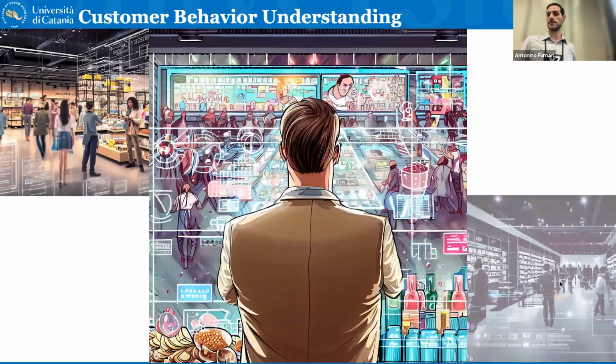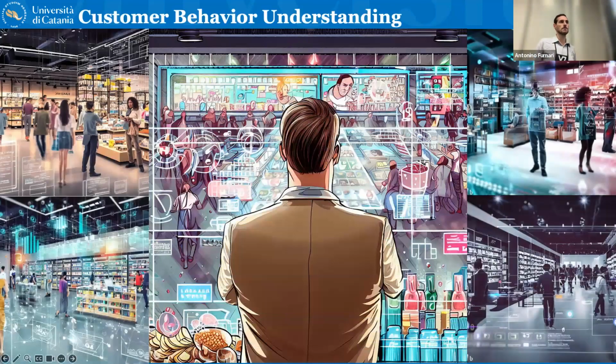All right, so understanding customer behavior is probably one of the most relevant aspects when you think of applying computer vision to retail stores. There are many ways to understand customer behavior, and there have been for a long time.